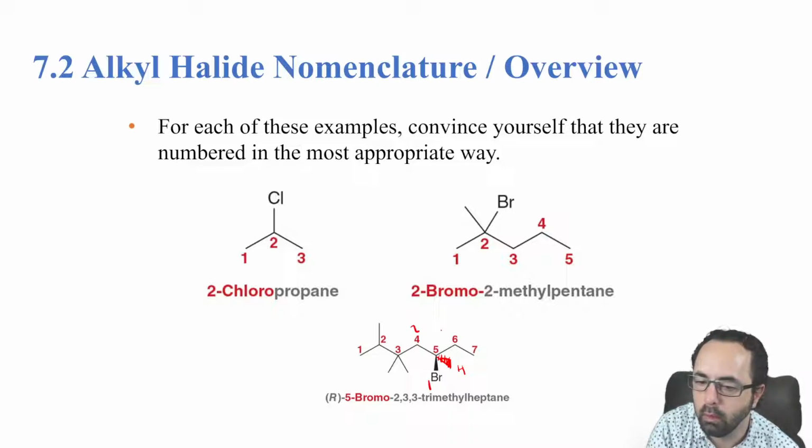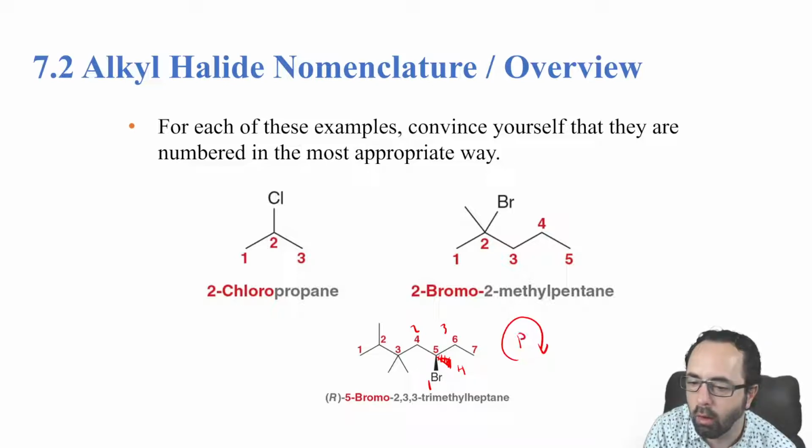This will be priority 2. This side will be priority 3, using the same ways that we used in chapter 5. And so we have this one because although they're tied here, when you go here, you have CCC, which beats the H. So we have R, and then that's 5-bromo-2,3,3-trimethylheptane.